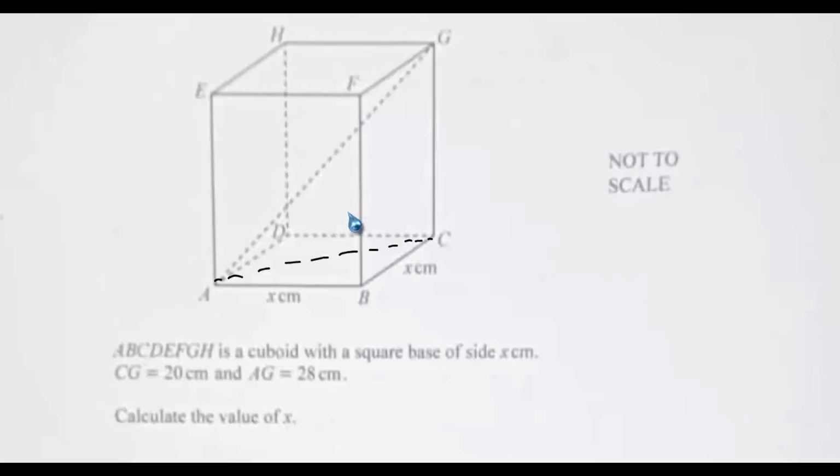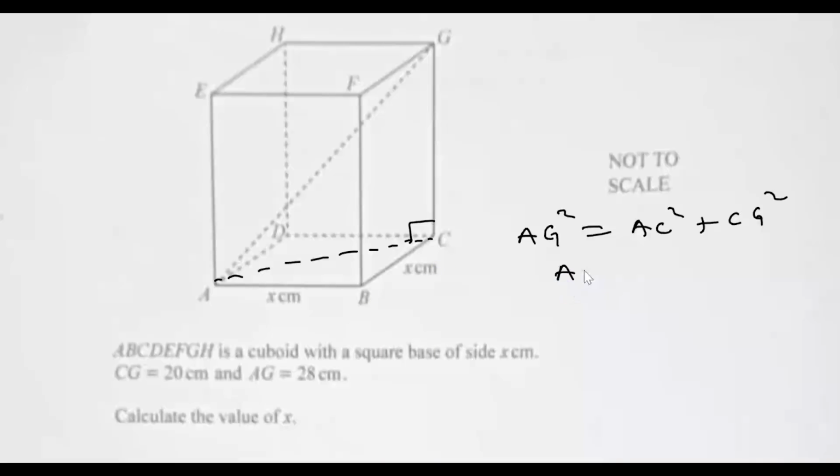So we want to find the value of x. We can use AG squared, because this is a right angle. From triangle ACG, we know that AG squared equals AC squared plus CG squared. But we know that AC squared equals AB squared plus BC squared.